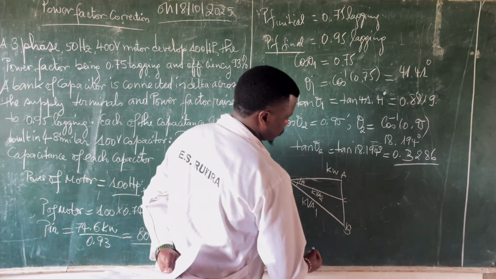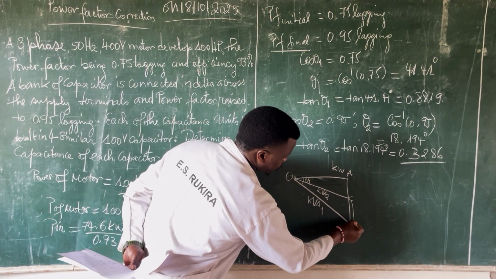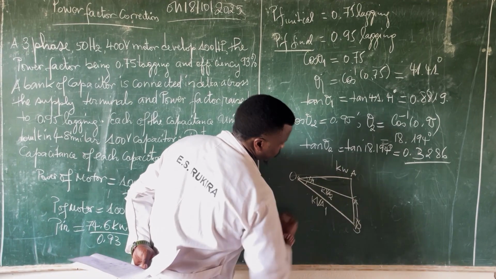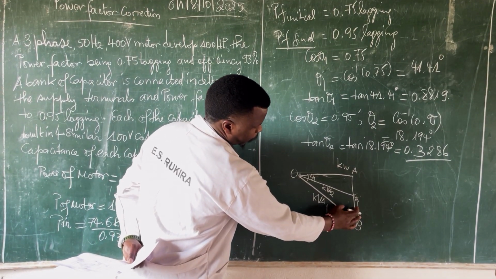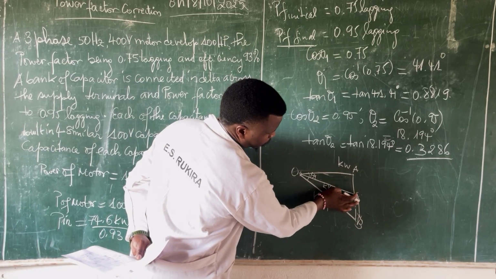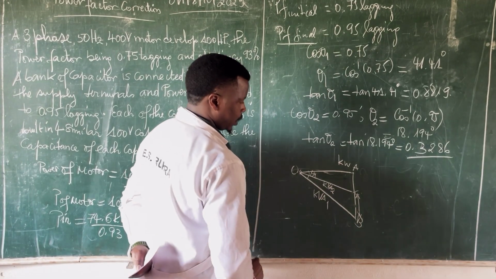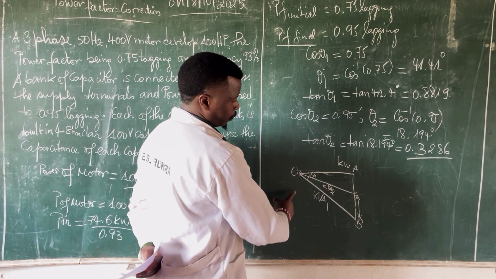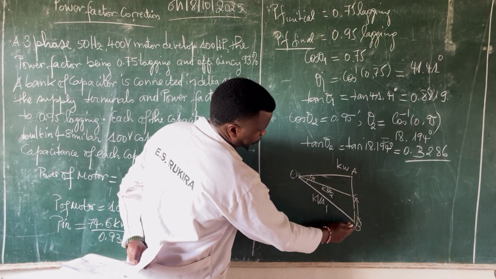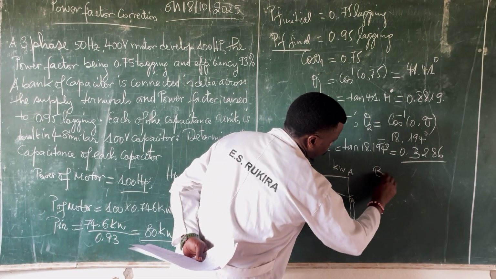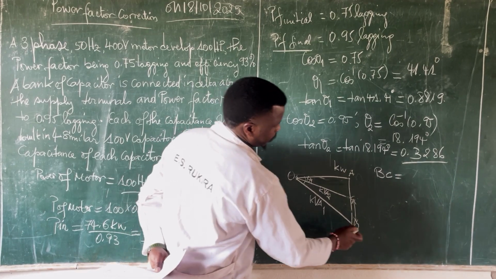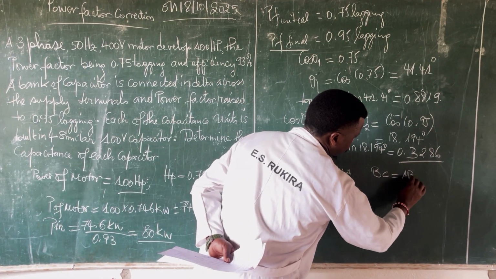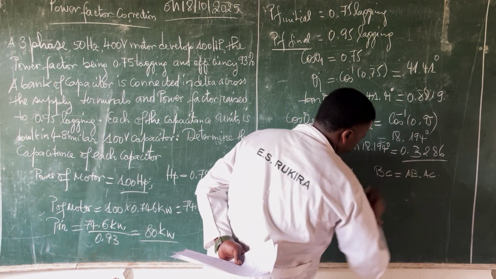Now, what we need to know is the reactive power being consumed, corresponding to BC. Let's look at this for the first. If you see, BC will be equal to AB minus AC.